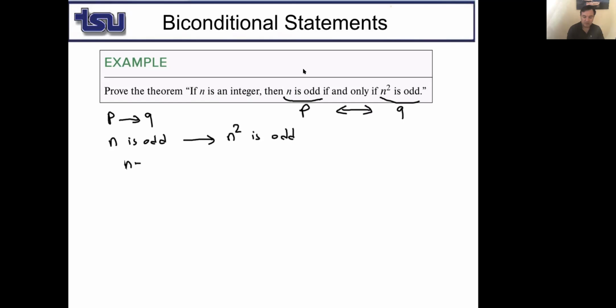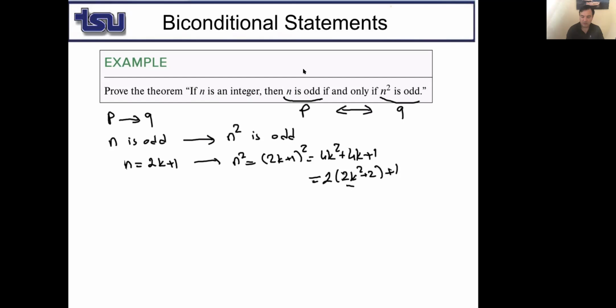If n is odd, we already proved that n is 2k plus 1, so n squared will be (2k plus 1) squared, which is 4k squared plus 4k plus 1, which is 2(2k squared plus 2k) plus 1, and this is r, that means 2r plus 1. So we prove this side.